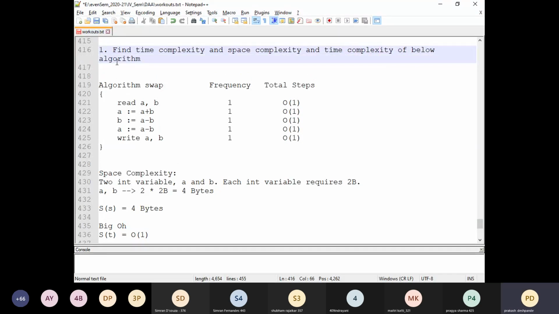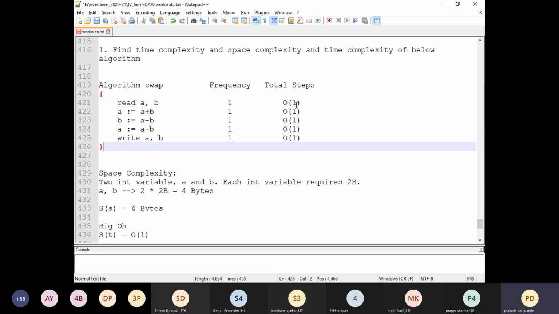It was only a simple algorithm where we do not have any instance characteristics. If you look into the algorithm, there is no value of n for which these statements will be repeatedly executed. If we have statements in the algorithm which are repeatedly executed, then we will have a big O notation which is not a constant, which may be linear or quadratic.